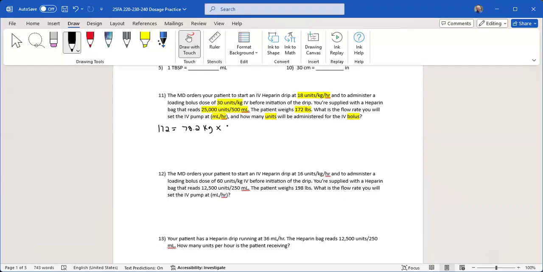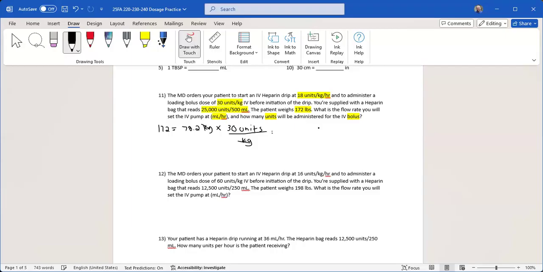All right. So now all I'm going to do is multiply that kilograms by 30 units per kilogram. So this helps to get rid of the kilograms, and then we'll be in our bolus dose. So I always write it like this, just for organization, so I know I can cross these out.